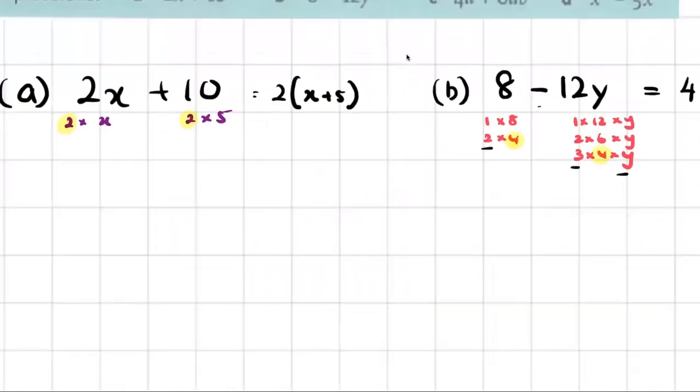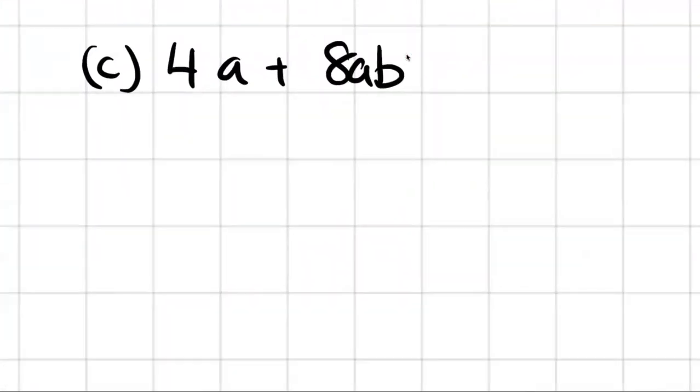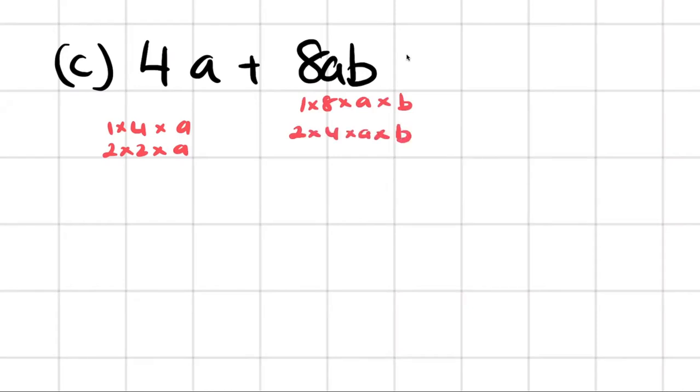Okay, let's look at C. 4a plus 8b. Here there's a little bit more complicated. So this one actually is just 1 times 4 times a, 2 times 2 times a. Here can be 1 times 8 times b, 2 times 4 times b. As you can see, a is already there.